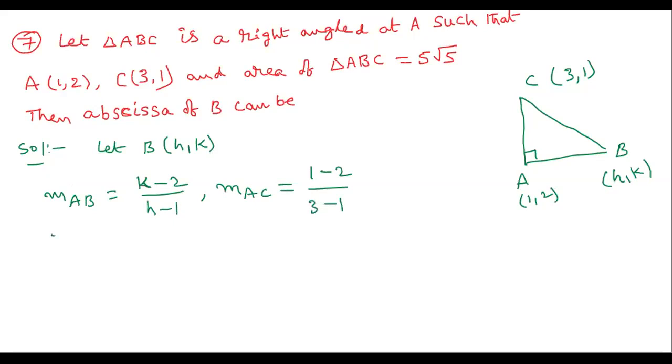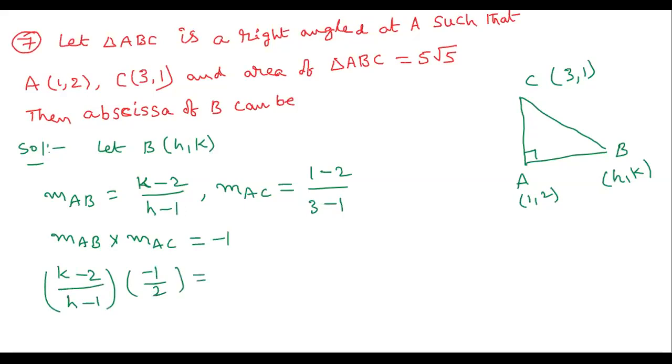Here we already know that the two lines are perpendicular. So the product of the slopes is equal to minus 1. Now K minus 2 divided by H minus 1 into, here, 1 minus 2 is minus 1, 3 minus 1 is 2, that is equal to minus 1. Then minus minus cancel.